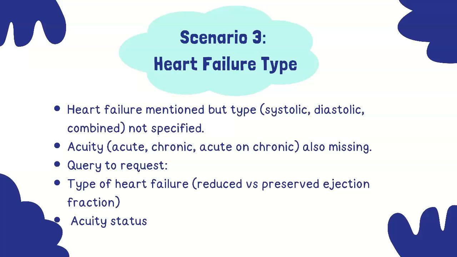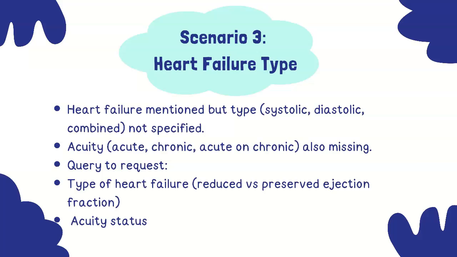Remember, I said, and you should look this up, if you look up echocardiogram and ejection fraction, you'll see that if the patient has reduced ejection fraction, that's systolic heart failure. If they have preserved ejection fraction, that's often diastolic. And then we have combined systolic and diastolic.